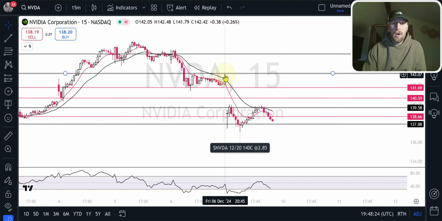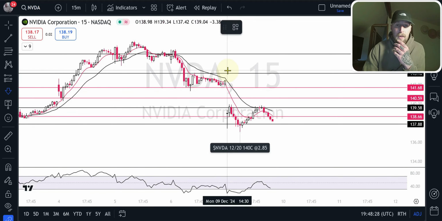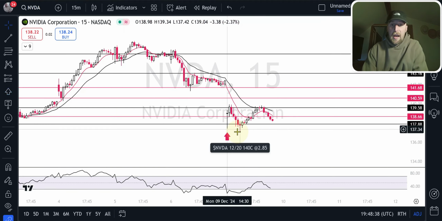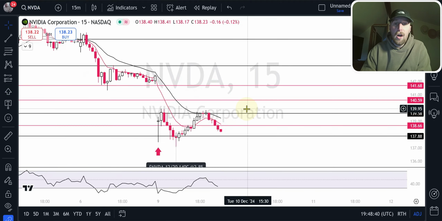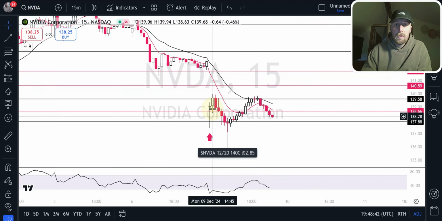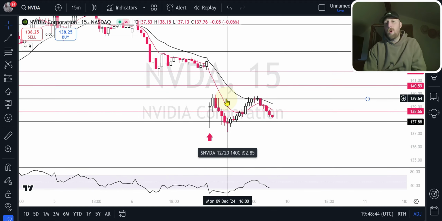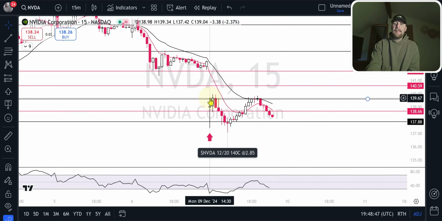So you can see we opened the market here, had a nice little push up here, and what do you know? Right here, we rejected one of our key pivots.